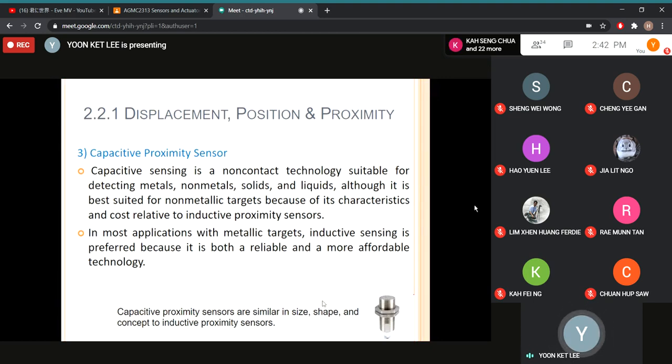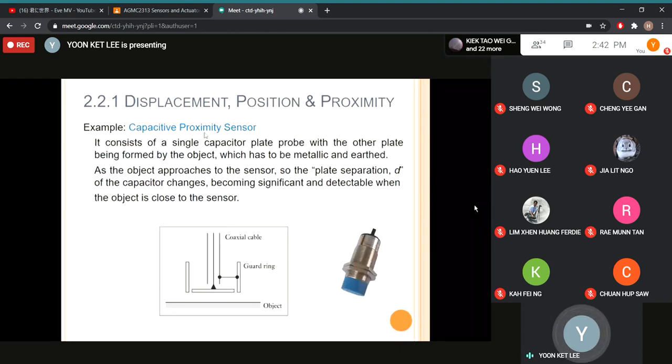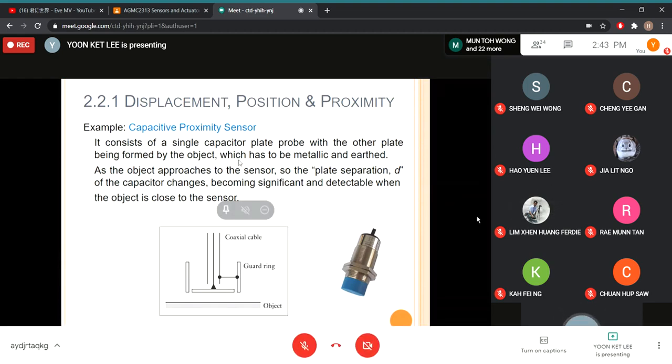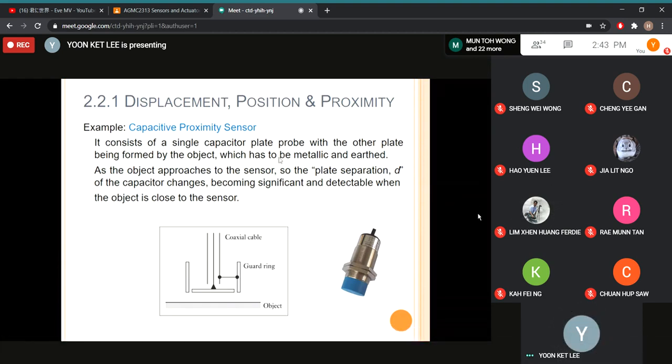The sensor will detect. For example, the capacitive proximity sensor consists of a single capacitive plate, and the object has to be metallic and earthed, like this one. Okay, you do not need a cohesive cable to touch the object for the capacitive sensor, you just need to bring it closer.